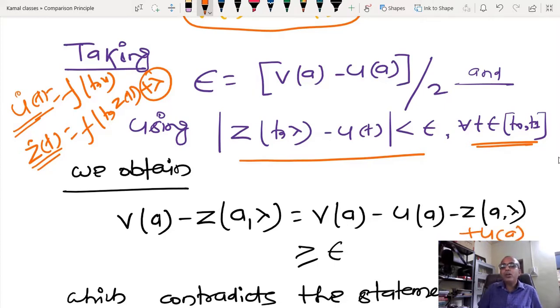Now the relation between these two is always less than epsilon, but whatever VA minus UA I have considered, that is 2 epsilon. So this is always greater than epsilon.